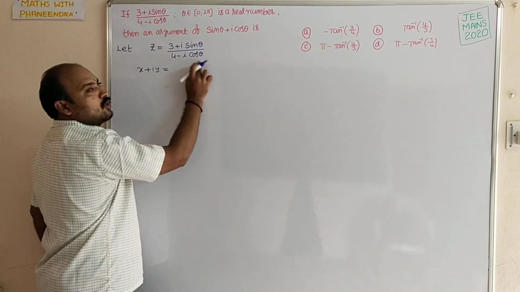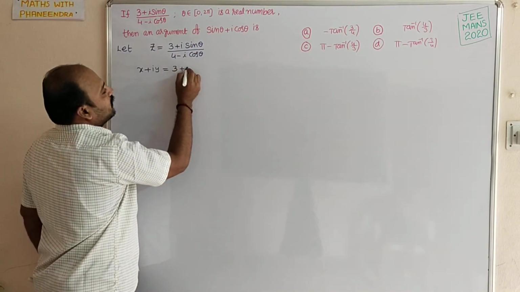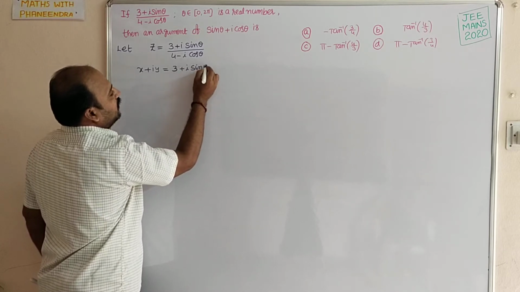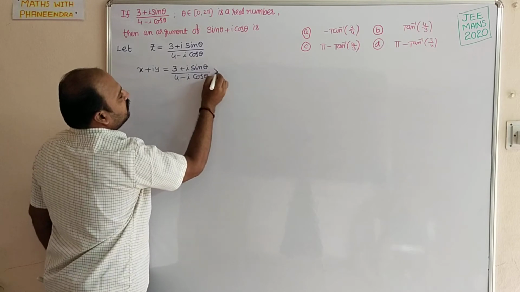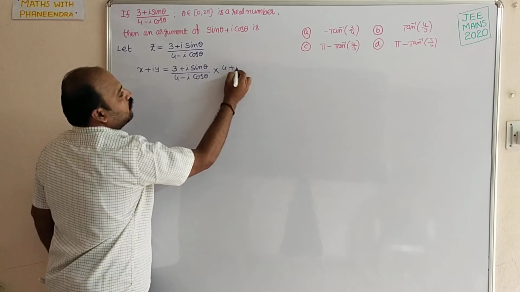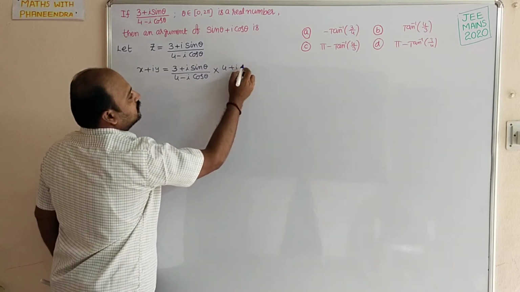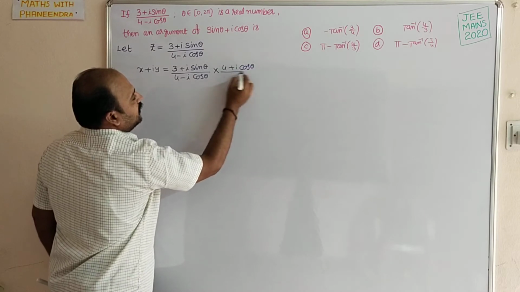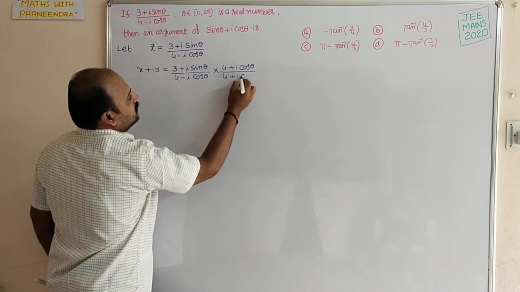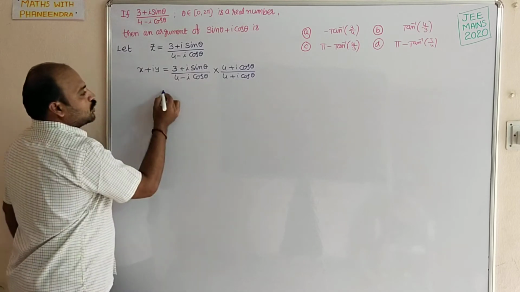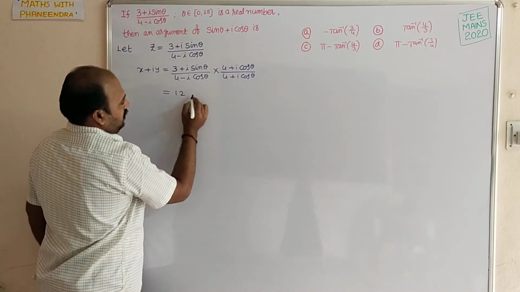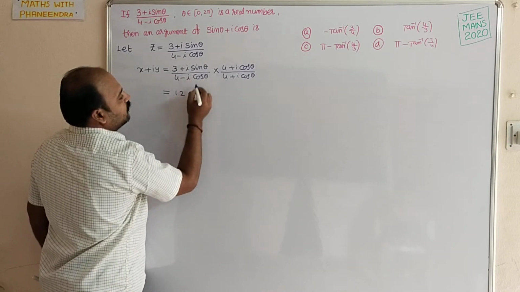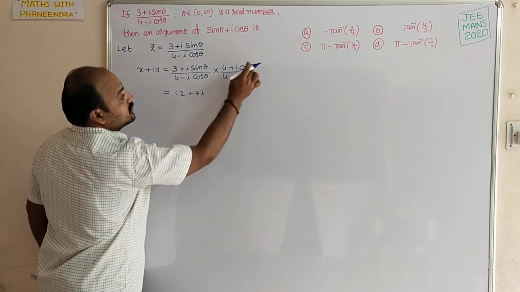Rationalizing with respect to the denominator, multiplying and dividing by 4 plus i cos theta. So it will become 3 into 4, 12, plus 3i cos theta plus 4i sin theta.